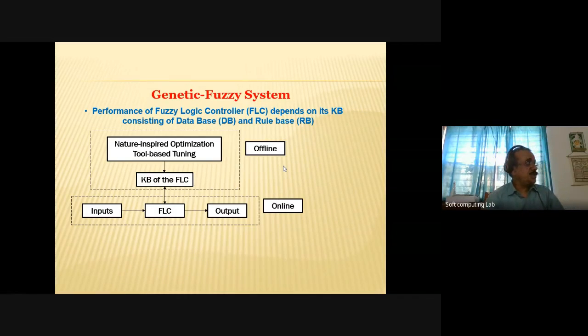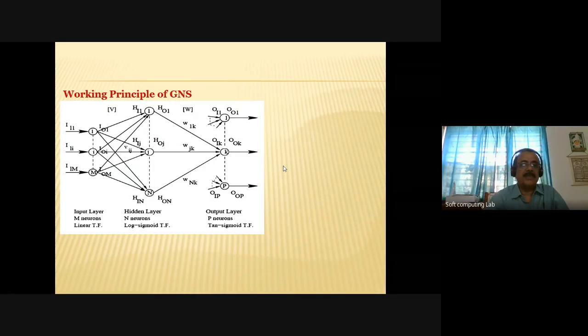Okay, so this is in short the principle of the genetic fuzzy system, and details are available in my book. Then comes your genetic neural system. As you know, the performance of a neural network depends on so many parameters. For example, it depends on the connecting weights, it depends on the coefficient of the transfer function.